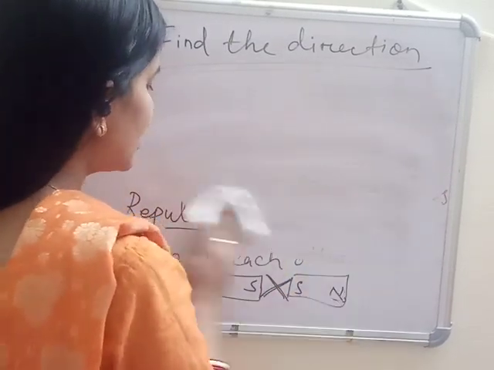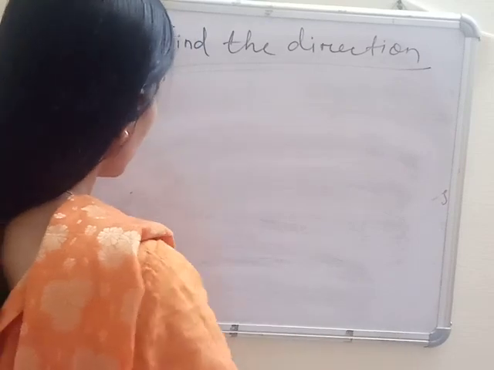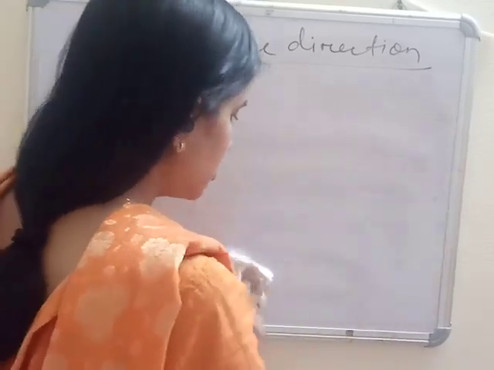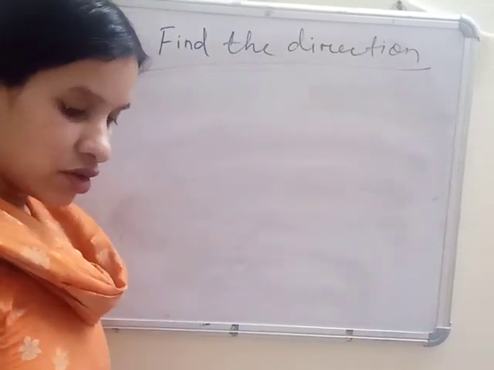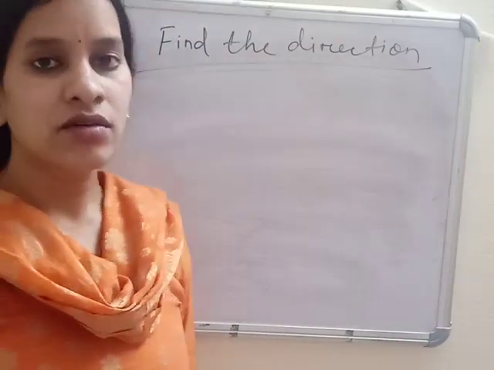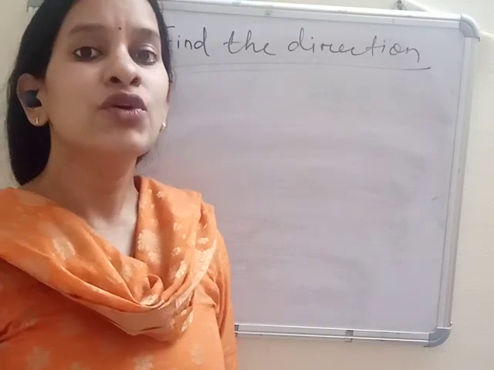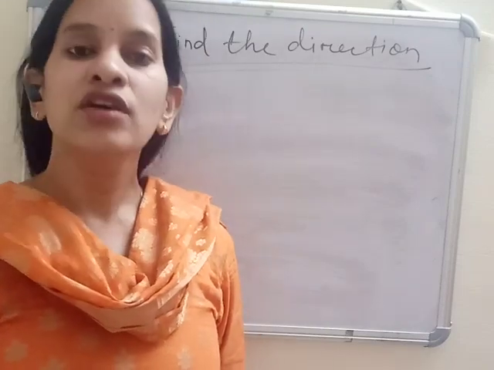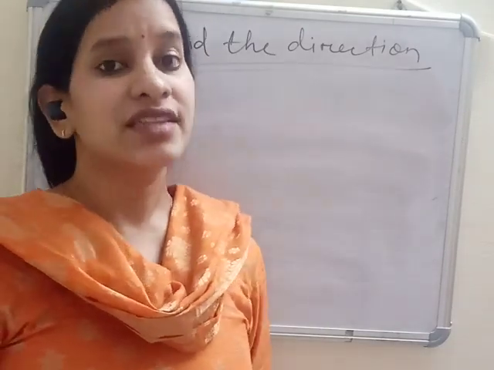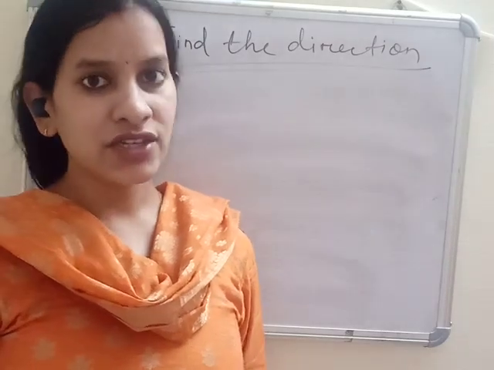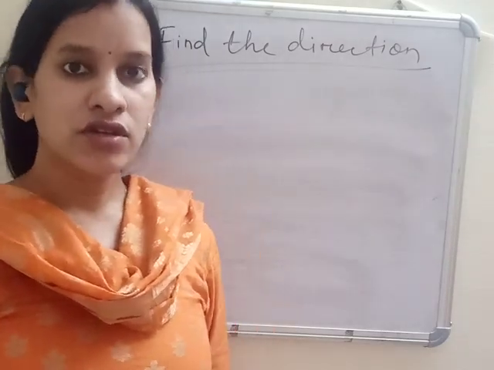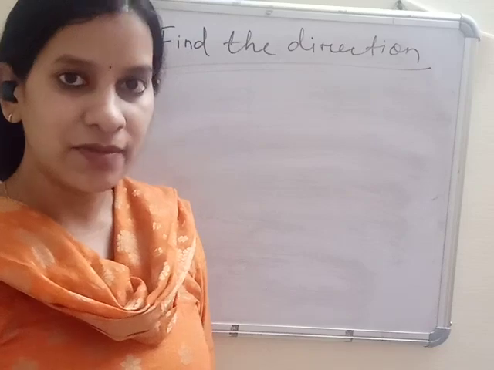Previously the navigators, those who travel by water, were always using the magnet, or we are going to read here a compass, which indicates the directions to them. There are four directions: east, west, north, south. So how is this magnet helpful for them, let's see.